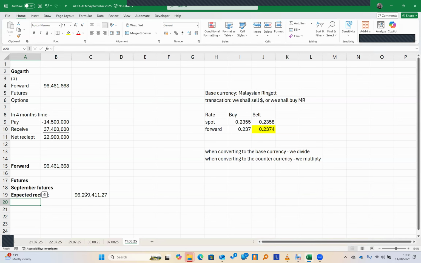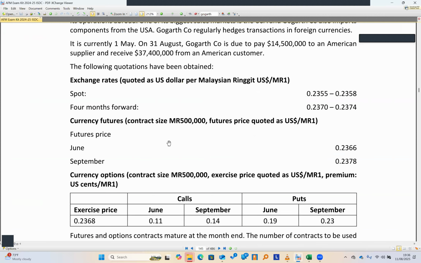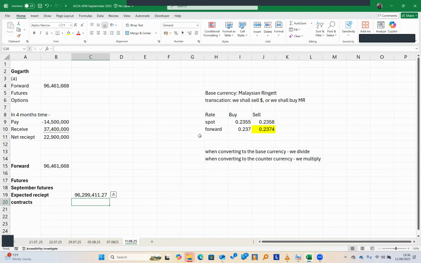But why do we do this? It is so that we can determine how many contracts we need. Remember that each contract is 500,000 Malaysian ringgit. So we divide this by 500,000.